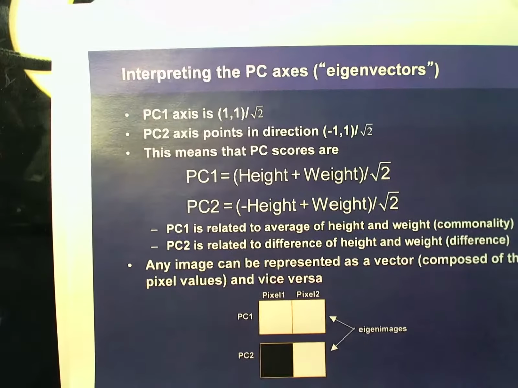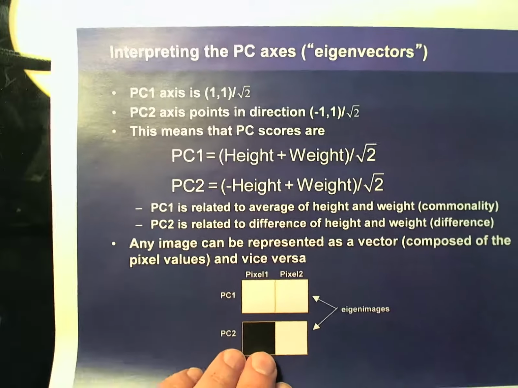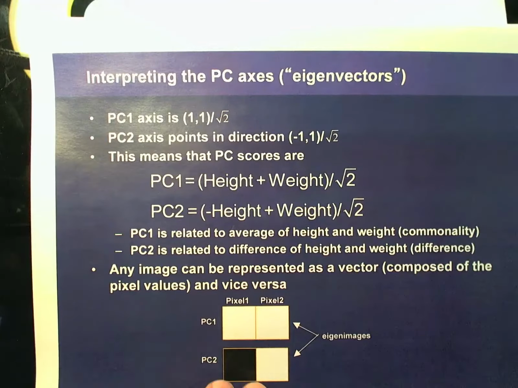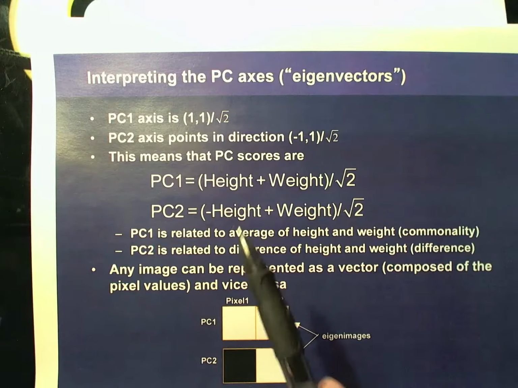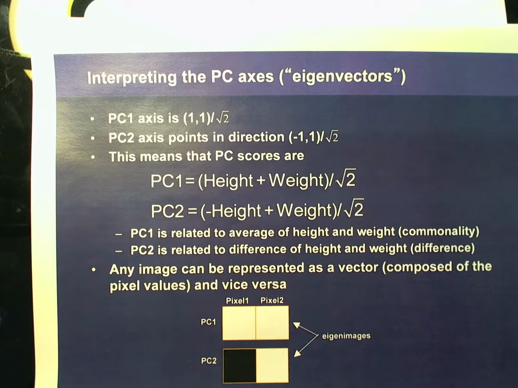So that first coefficient, called PC1, is really just the height plus the weight divided by root 2. So you can think of it as being, along the lines of an average. So it's the average of your height and weight, which can be viewed as telling you something generally about their overall size.